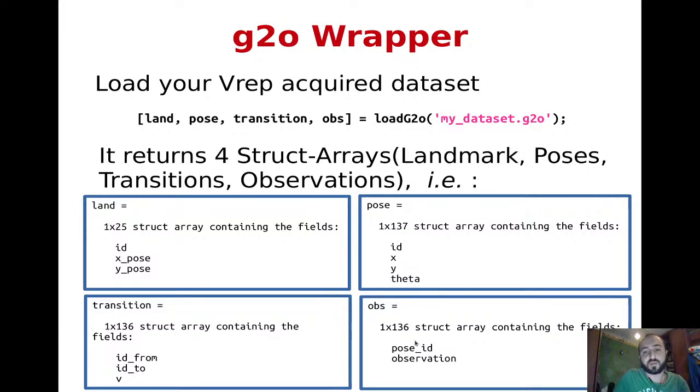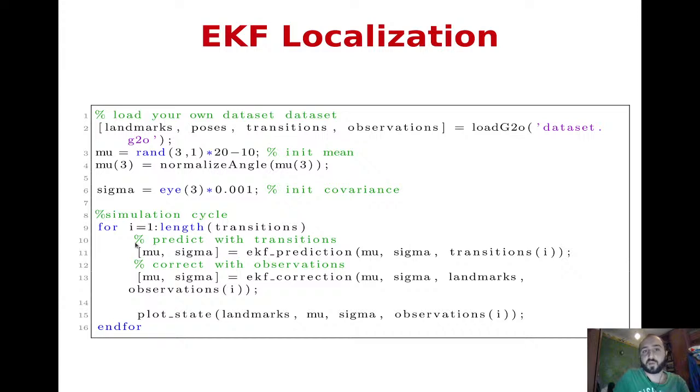And finally the observation just tells you from which pose you see the thing and what you saw. Inside, of course, you find the ID that refers to the proper landmark.